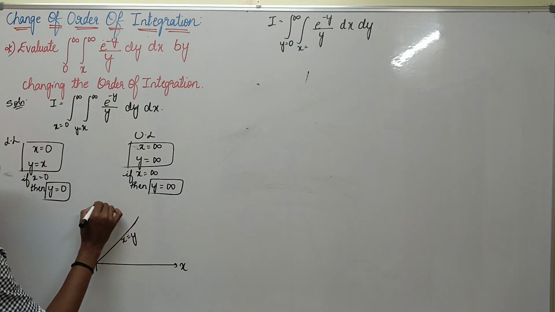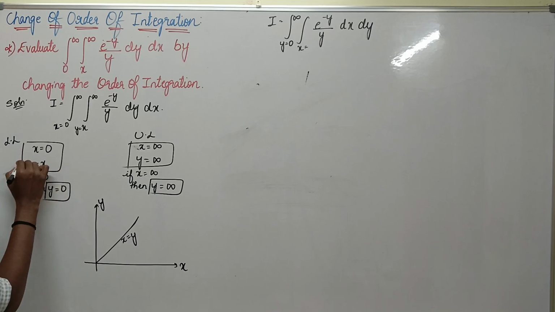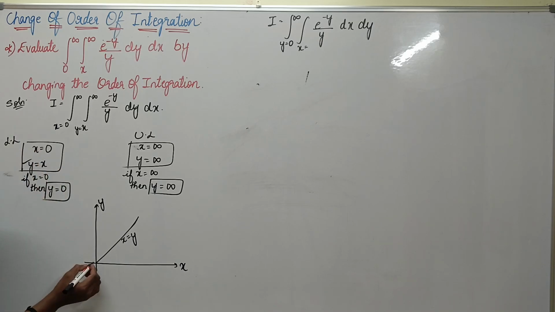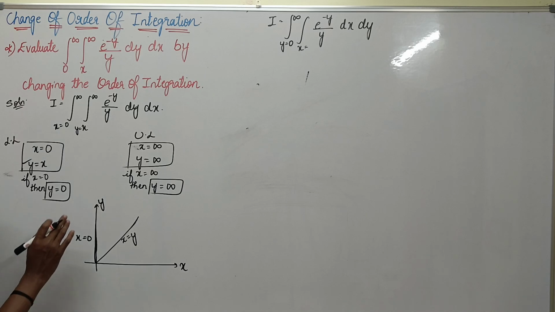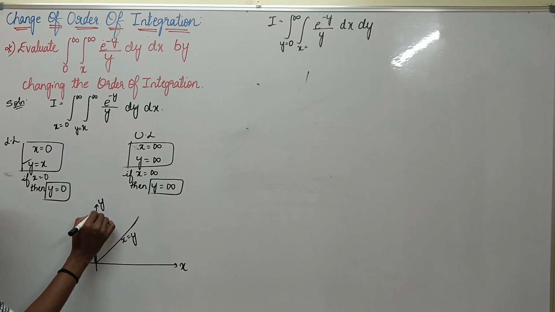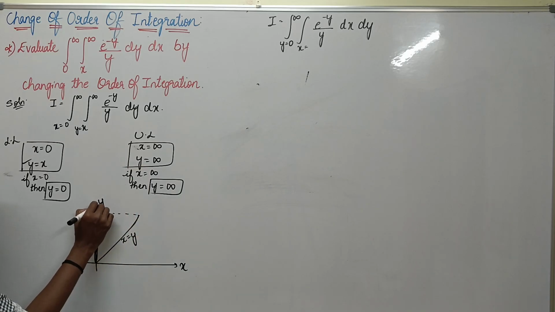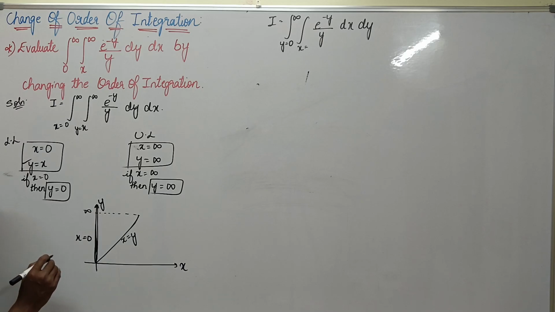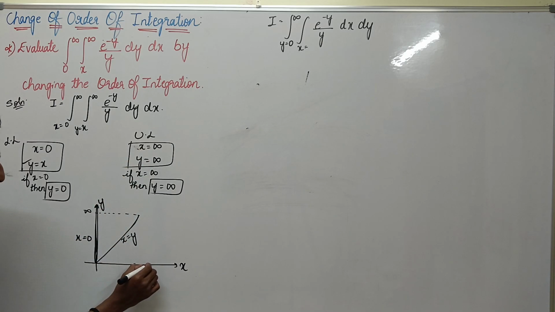This is our x axis and this is our y axis. Now, since x equal to 0, what they have given? First, we have represented x equal to y, x equal to 0. That means this base will be equal to 0. The whole base will be equal to 0. But y still goes up to infinity. Similarly, x is also up to infinity.